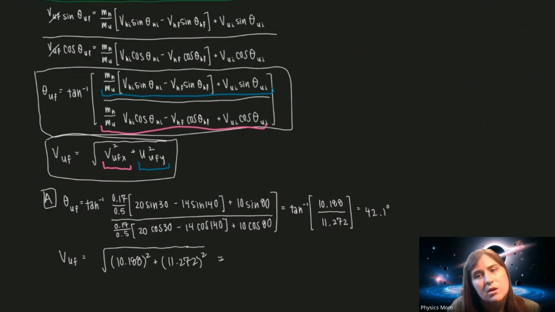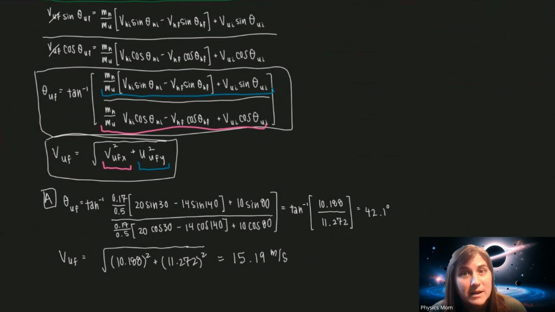And that's going to give me about 15.19 meters per second. So those would be my two answers for a two-dimensional conservation of momentum problem. And again, now you're definitely understanding why we are only looking at one example.